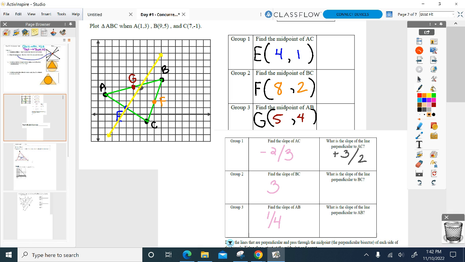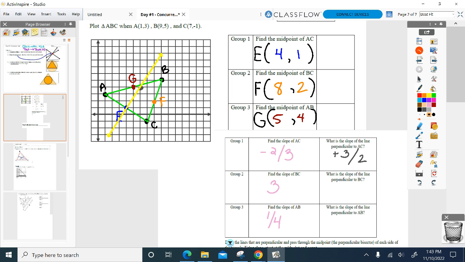It's perpendicular to AC, and it goes through E, which is the midpoint. I would like you to take those two facts, that it's perpendicular to AC and goes through midpoint E, and give this line a vocabulary name that we've talked about in the past. Perpendicular bisector. Everyone agrees on that. It's perpendicular and it bisects AC. So this is a perpendicular bisector.